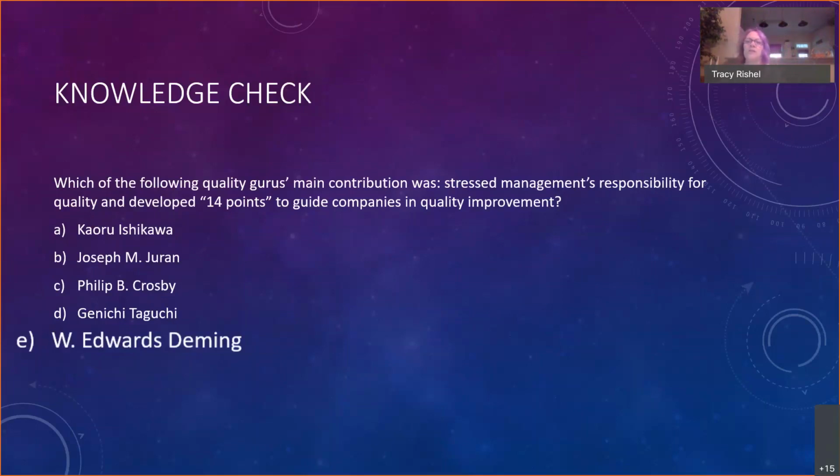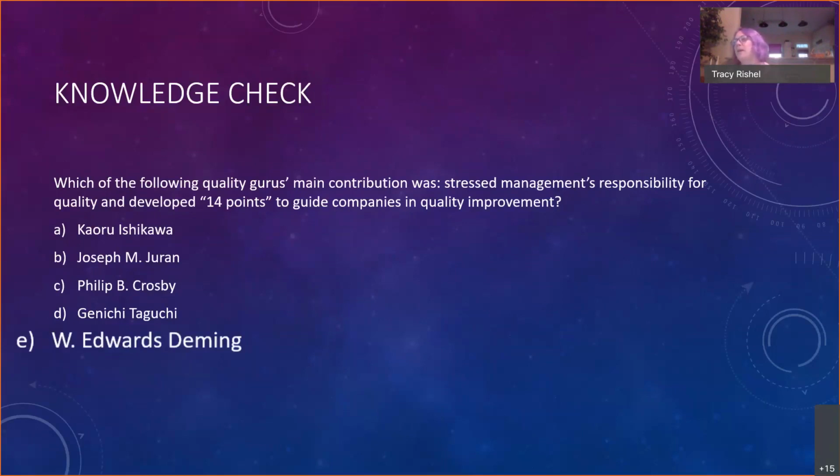He defined quality as fitness for use and developed the concept of cost of quality. Philip Crosby said that quality is free, and Taguchi focused on product design quality and developed the Taguchi loss function.